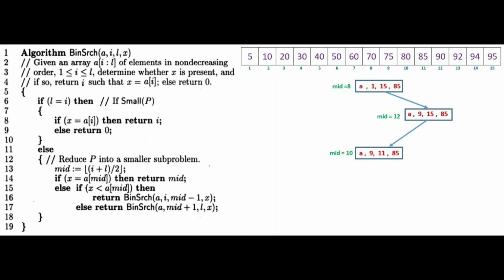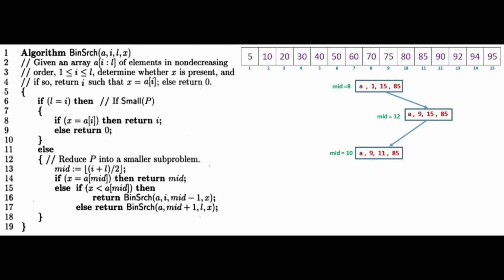If x less than A of mid, 85 less than 80, condition false. So next, execute the second, last recursive call.